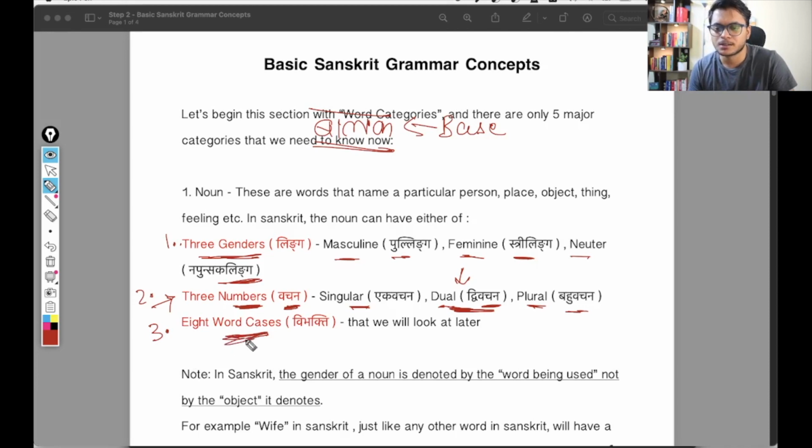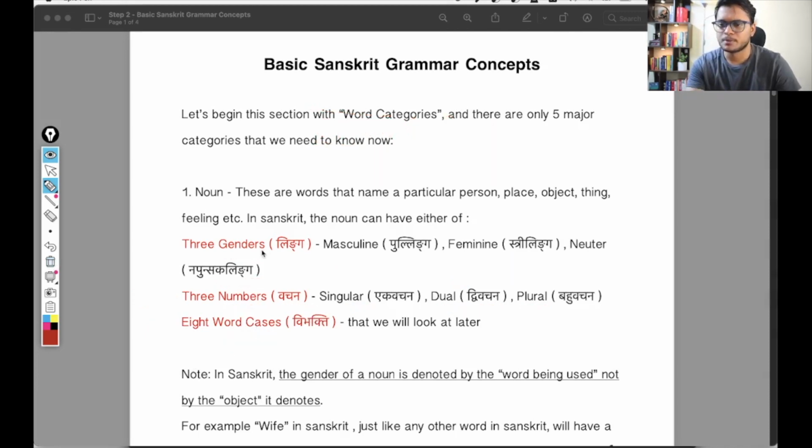Due to these word cases, you have so much content in Sanskrit in poetry form, because the composers have so much creative ability due to this grammar concept, word case vibhakti. We'll cover it in the next video, understand it steadily and nicely, so don't worry about that. Just right now remember that this is the third thing a noun will tell you.